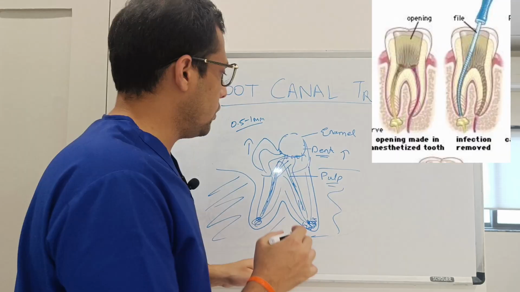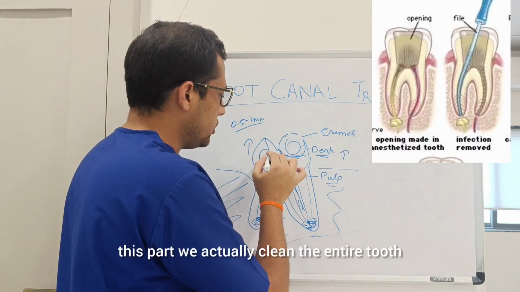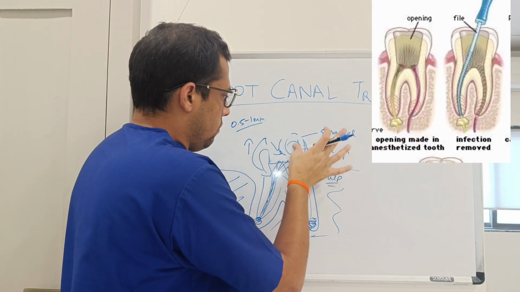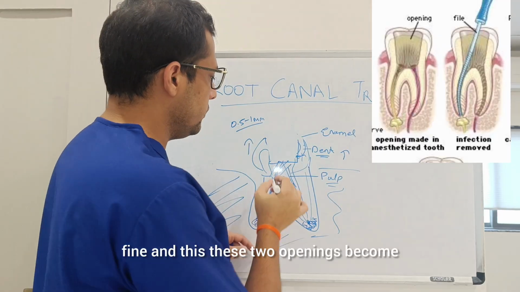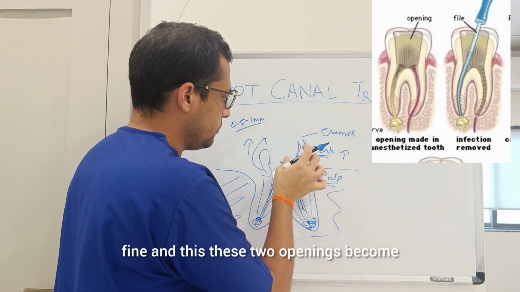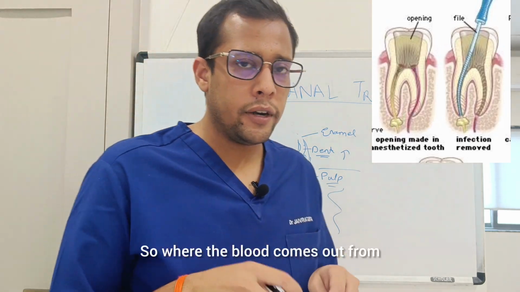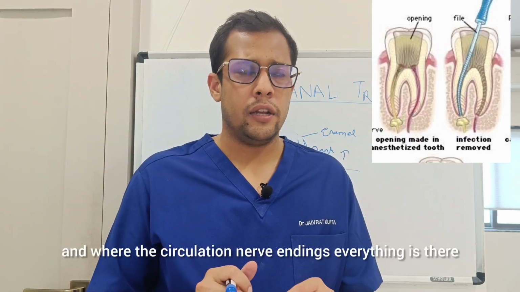Fine. So we don't just clean this part, we actually clean the entire tooth from here to here. And these two openings become clear to us, where the blood comes out from and where the circulation and nerve endings are.